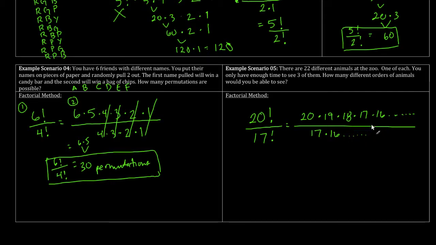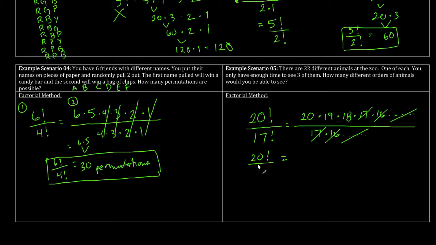Now, remember, what we're really doing is taking all the turns to get all the permutations possible, and then we're taking away the last part of it. So really, these go away. These go away. That goes away. That goes away. That goes away.